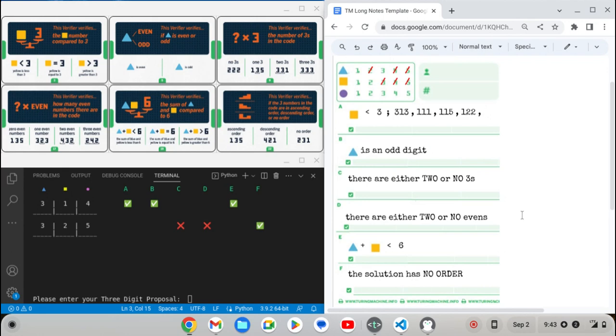Oh, did I skip 121? Oh, we can't do 121 because again, we need either 2 or no evens. Yeah, there's our 2 evens. Yeah, and it can't be 124. I think that might be it.